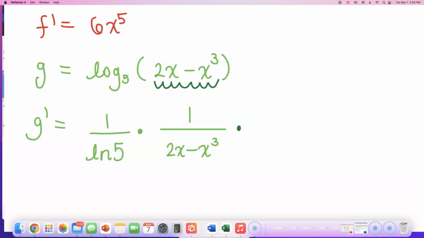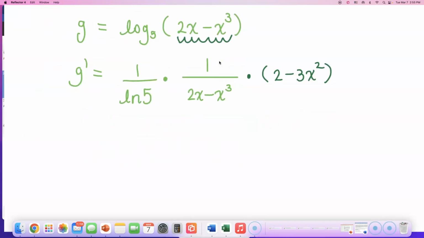The derivative of 2x minus x to the 3rd power gives us 2 minus 3x squared. I'll put that dark green expression on top of the fraction, so 2 minus 3x squared is the numerator, and in the denominator we're just multiplying ln 5 and this.